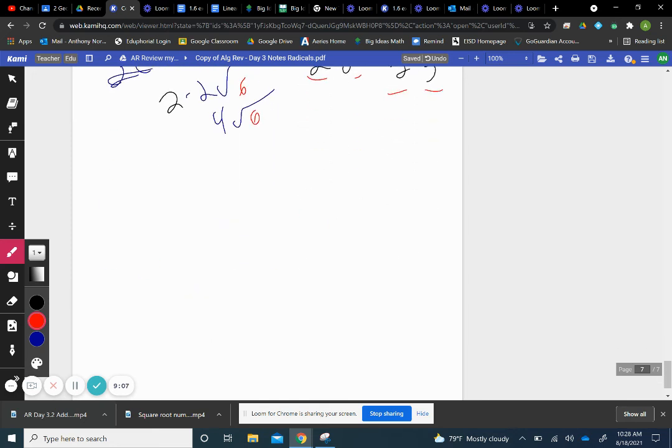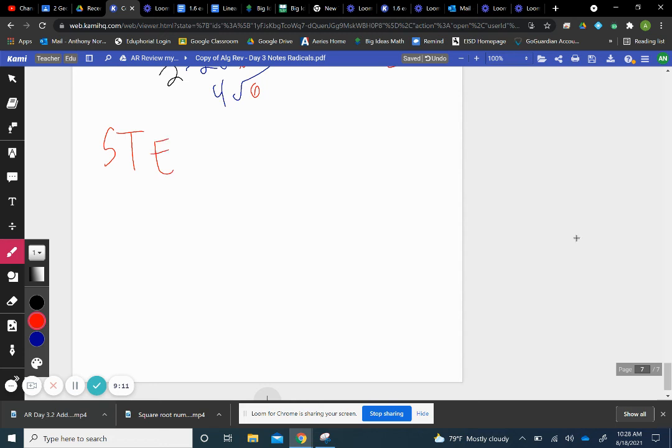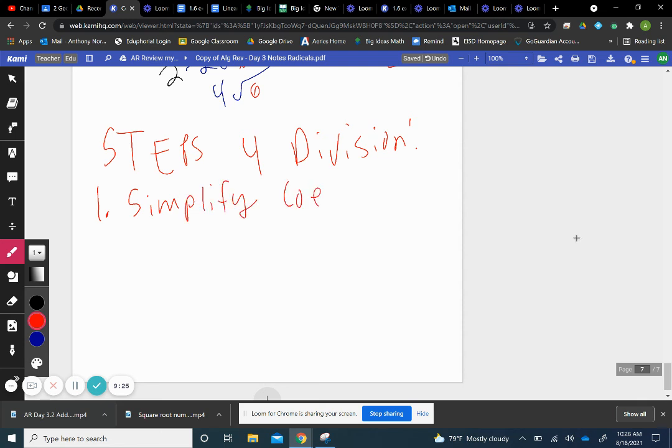And we're done. So our steps for division. 1, simplify coefficients. Step 2, simplify radicals.